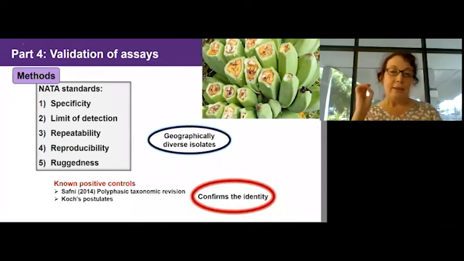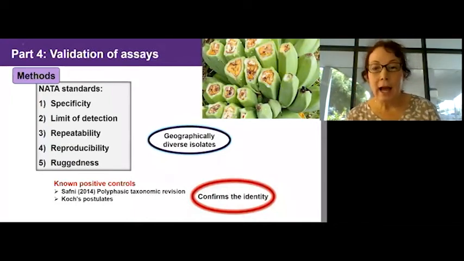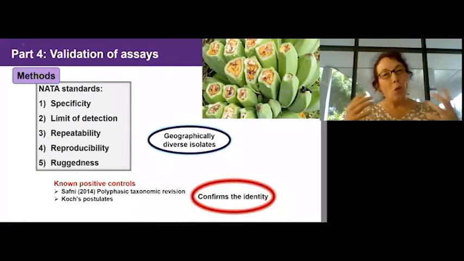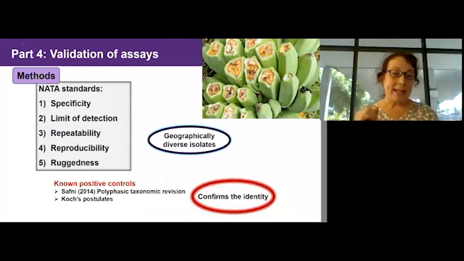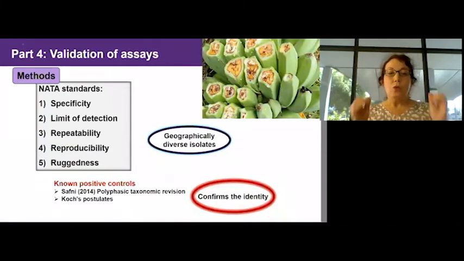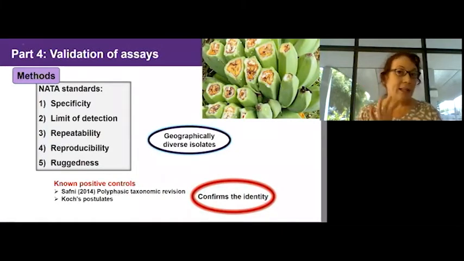We test the specificity against BDB isolates from a wide geographic range, and test that the assay does not amplify other strains within the Ralstonia and banana endophytes. We assess the limit of detection, and this is done through a dilution series.